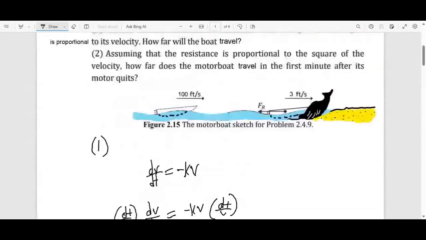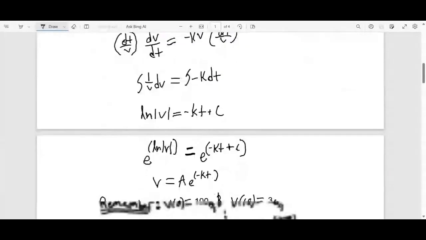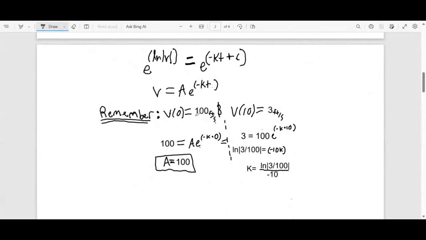And we're solving question 1. So we have to take into account that when time is 0, velocity is 100 feet per second, and when time is 10, velocity is 3 feet per second. We need these to solve for our constants a and k.